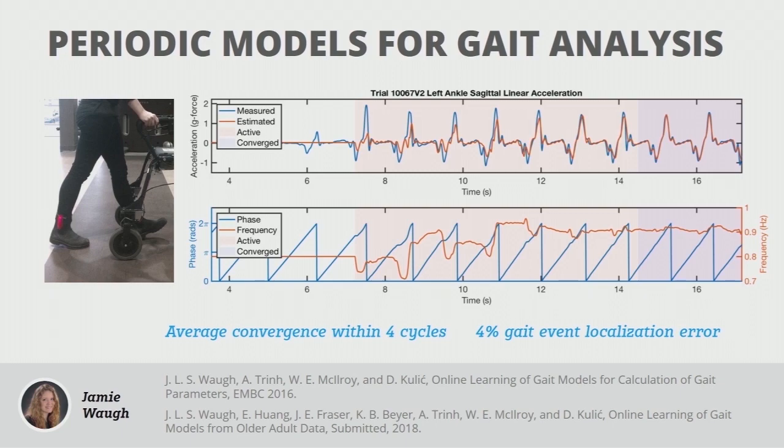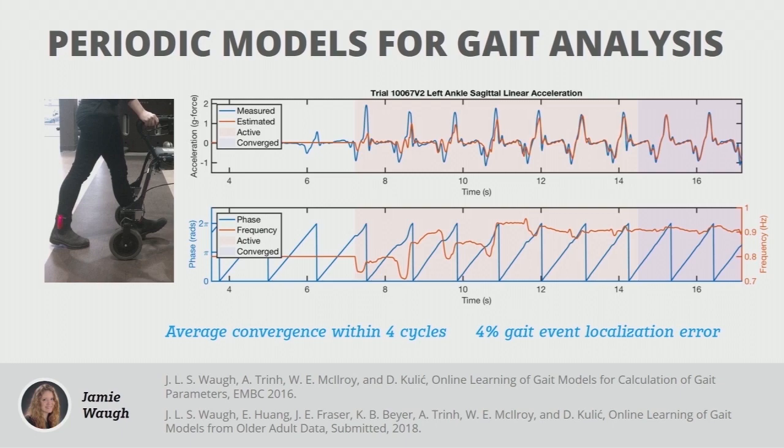So here we use the same idea of these periodic models that we learn from data, but rather than learning over the joint angles, we learn directly over the measurement signal. And you can see an example in this graph. We have a patient who is wearing a single sensor at the ankle attached to their shoe. First we have to detect when they're actually walking.